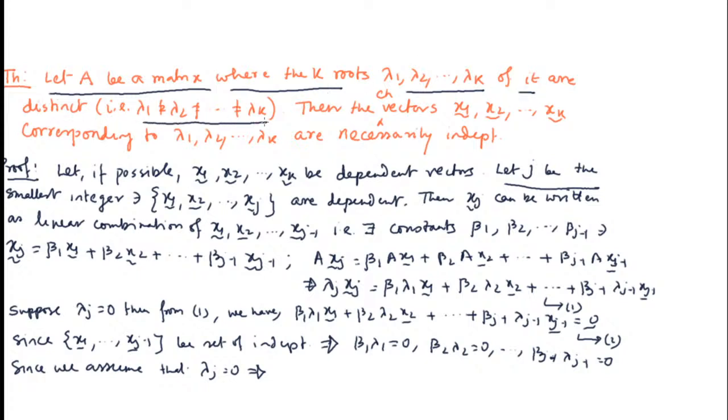So this is the assumption on the roots of A. If lambda j is 0, then since all roots are distinct, this implies lambda 1 not equal to 0, lambda 2 not equal to 0, lambda j minus 1 not equal to 0. Clear? Please tell me, is this clear or not?